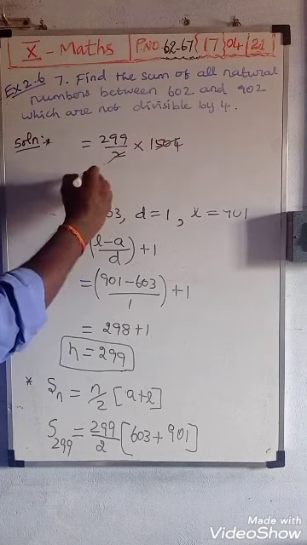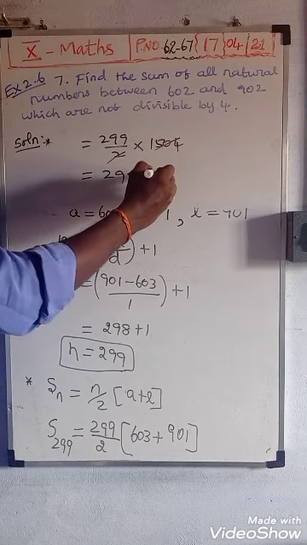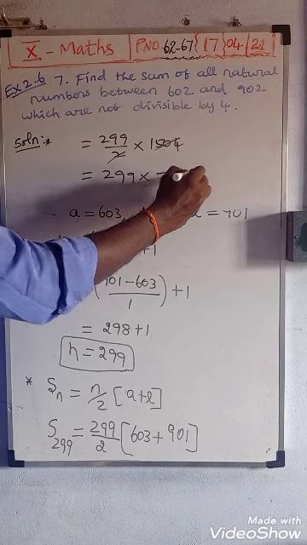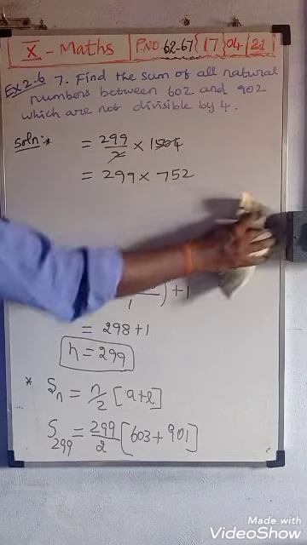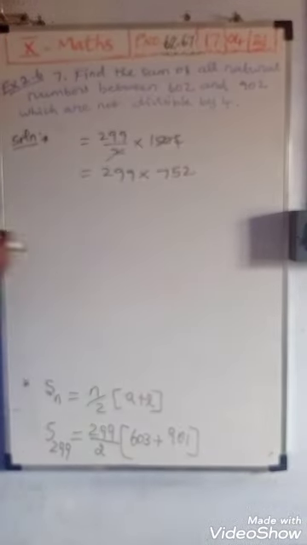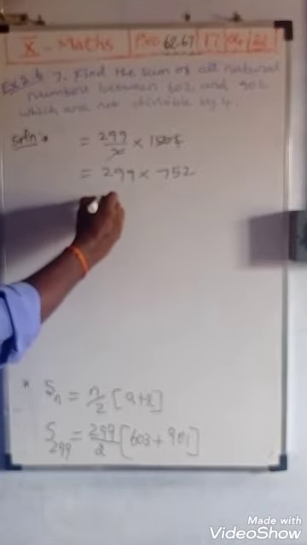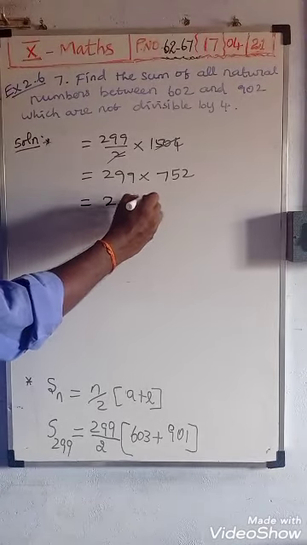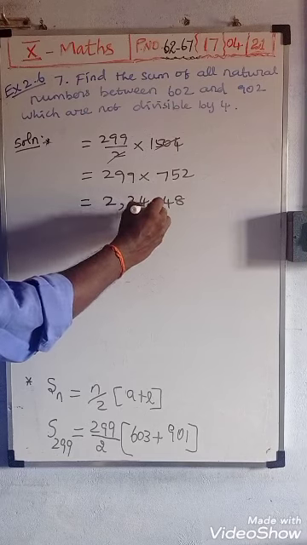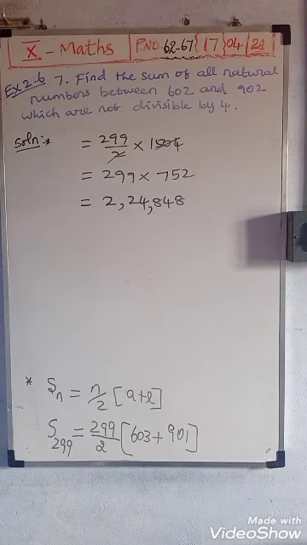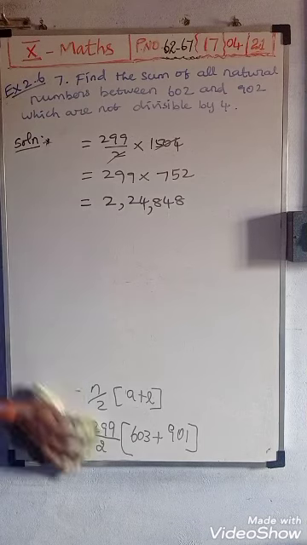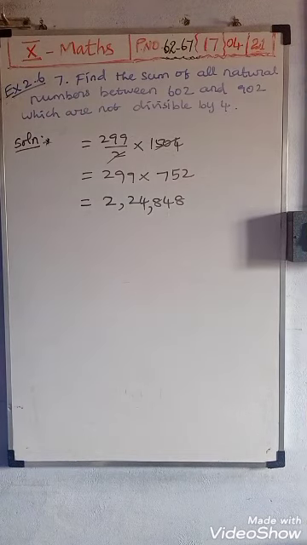Now cancel this, 299 into 752. Multiplying, we will get the answer 2,24,848. So first we added all the numbers. Next, what we want to do is add the numbers exactly divisible by 4.